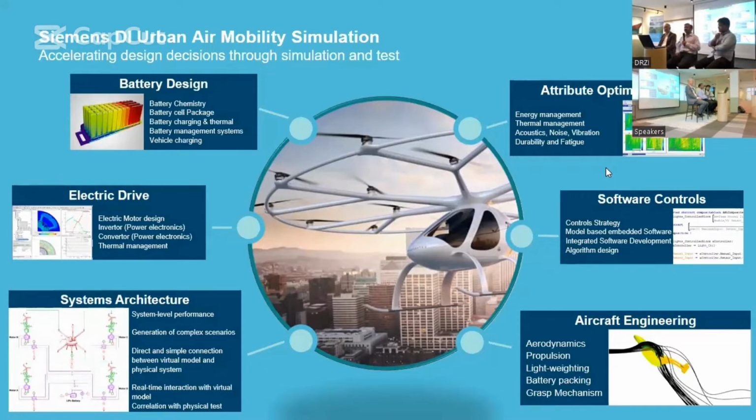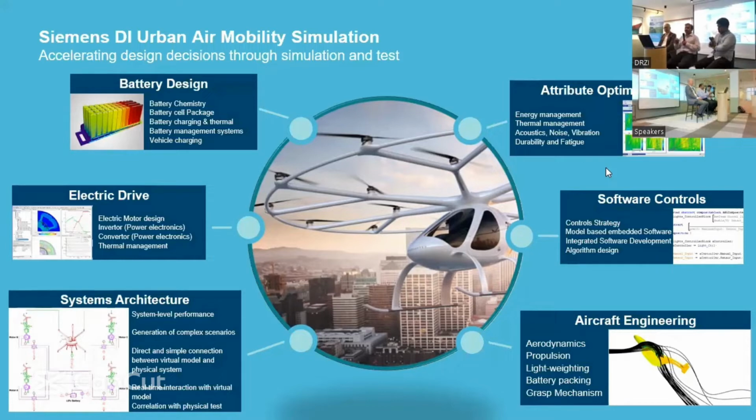One of the main challenges is that no one does everything, right? A lot of the time we buy batteries, or electric motors, or propeller blades, and all. The most important thing is that these all have to work together.